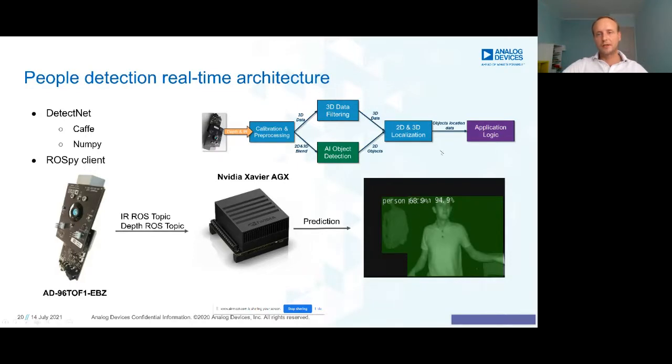The chain is highlighted here. We have all these blue boxes, which are implemented as blocks in ROS, in C++, or even Python. And we have the AI object detection, which interfaces with those blocks through ROSPy.